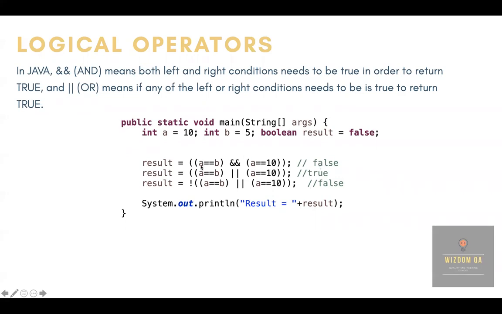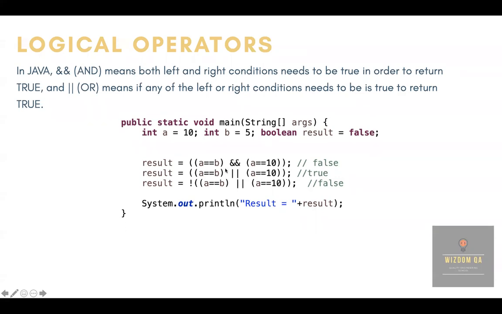That is what is happening here, because A equals B is not true, since A is 10 and B is 5. But A equals 10 is true. You are using an AND operator in between. If both of these are true, only then the whole evaluation will come to you as true, else it will be false. Let's look at the next one.